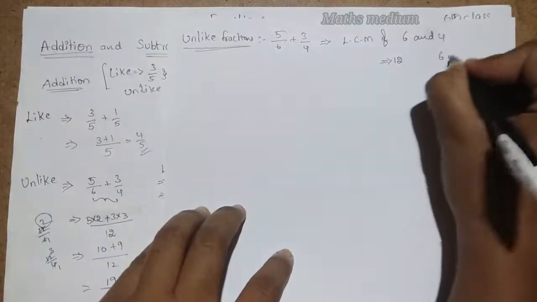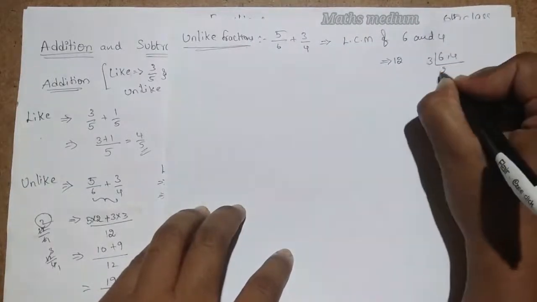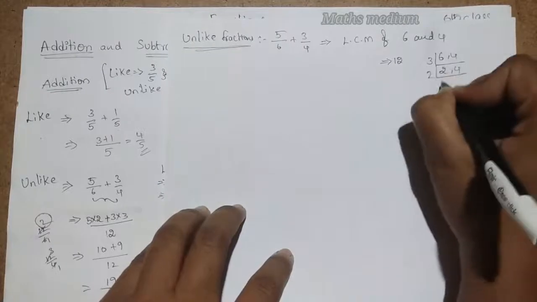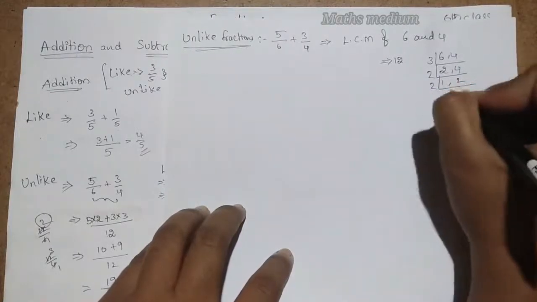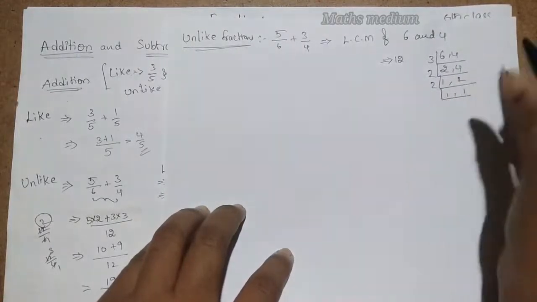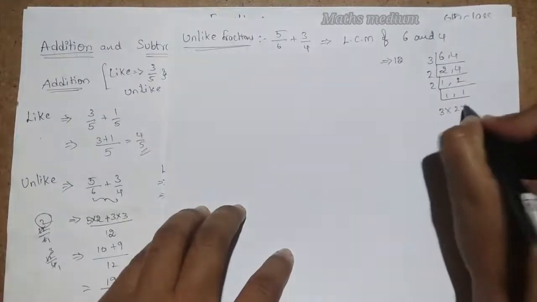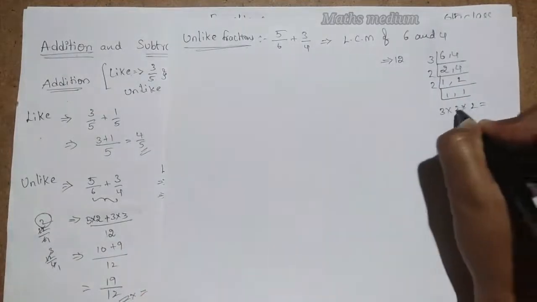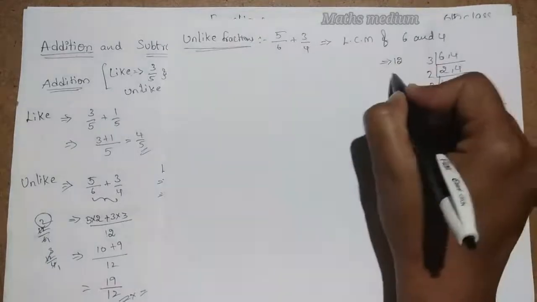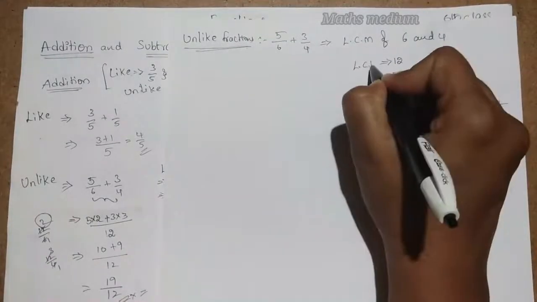Finally 3 into 2 into 2, that's why 3 2s are 6, 6 2s are 12. So we get the LCM as 12, right?